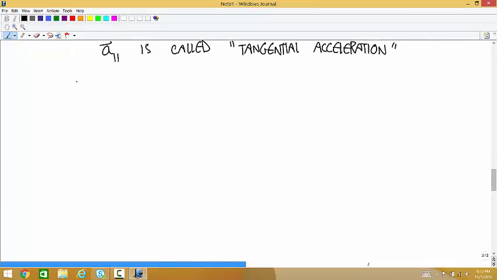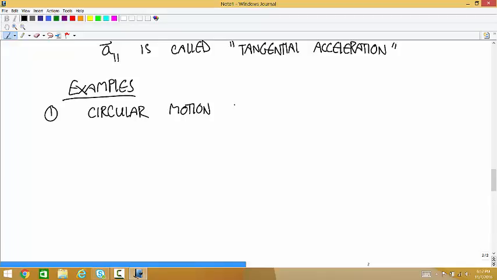So let me give a couple of examples. First, circular motion without speed change. We talked about something like this in the last lab. On the test, there was a problem like this.